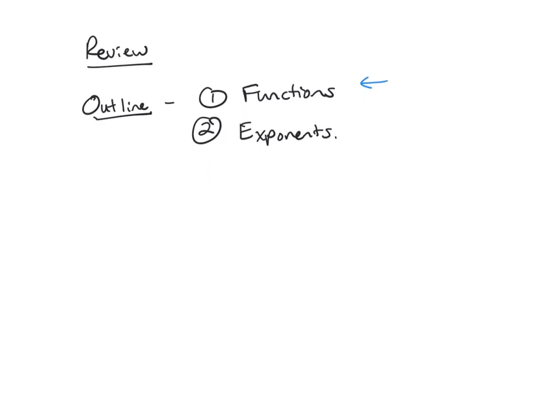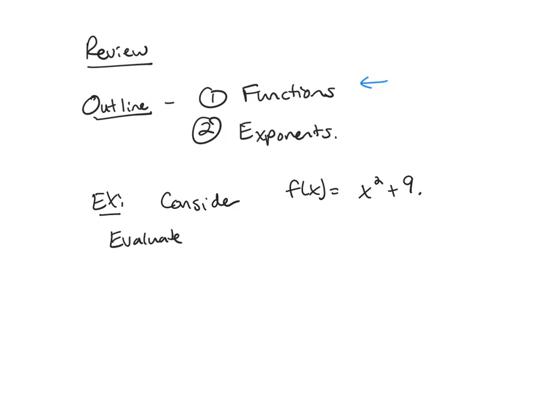So let's look at an example of a function. Consider the function f of x is x squared plus 9. And I want you to evaluate the function at the following values.